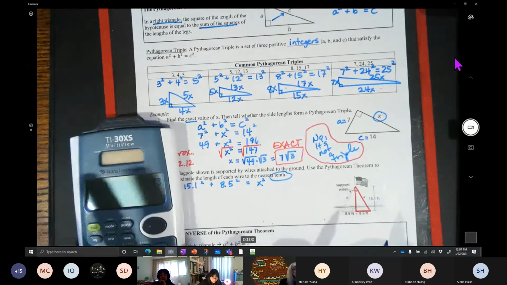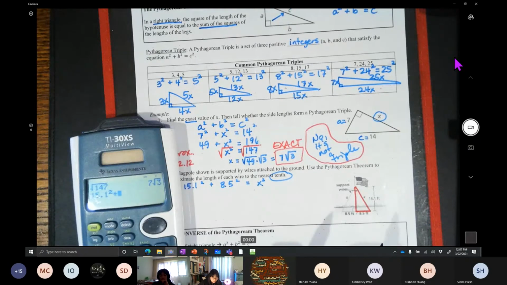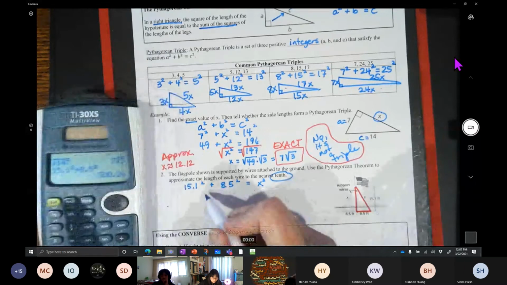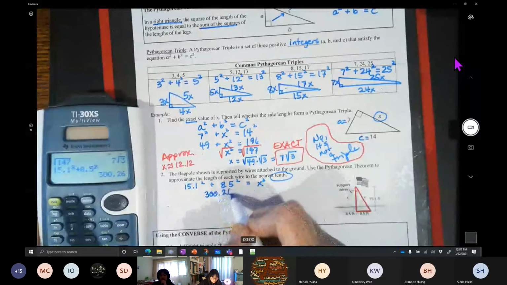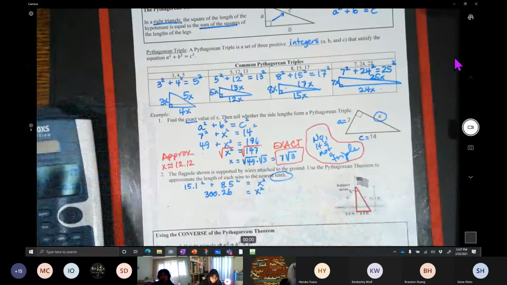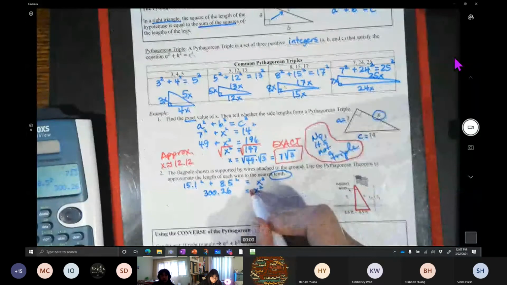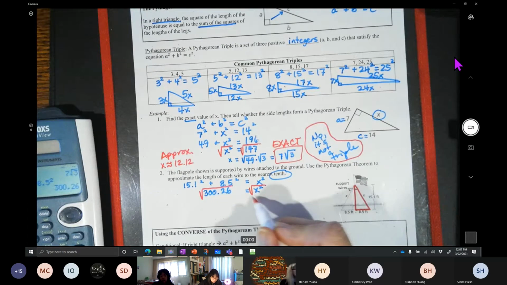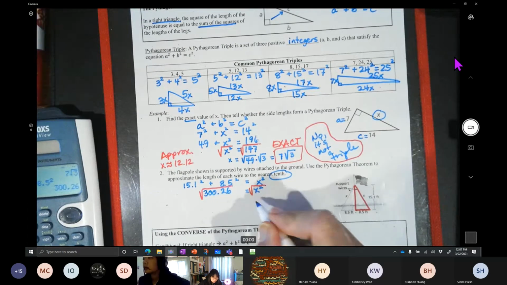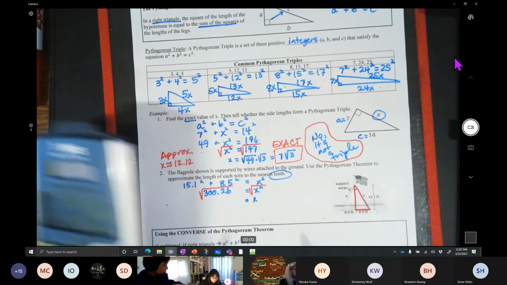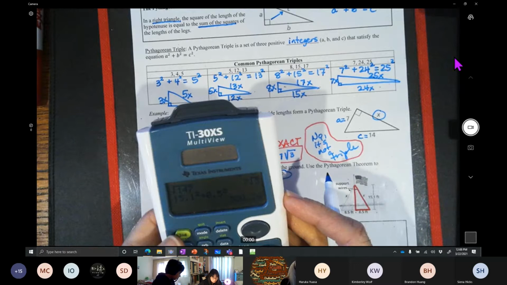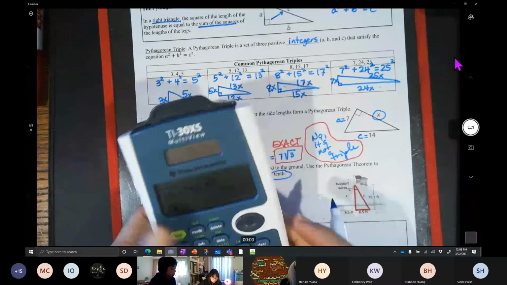15.1 squared plus 8.5 squared. That's going to give me 300.26. Okay, since we're doing the notes, I always like to color code, as you know, but I want to undo that square so that I just get that x equals this, and I can just do the square root of the answer here, which should give me a decimal.